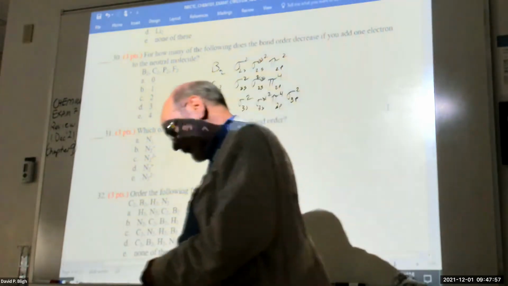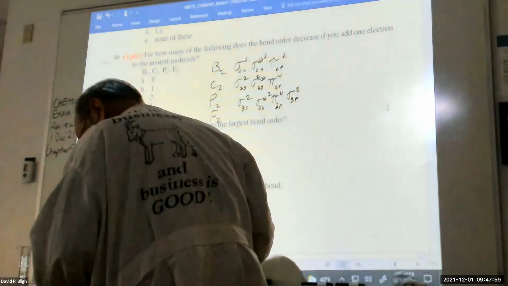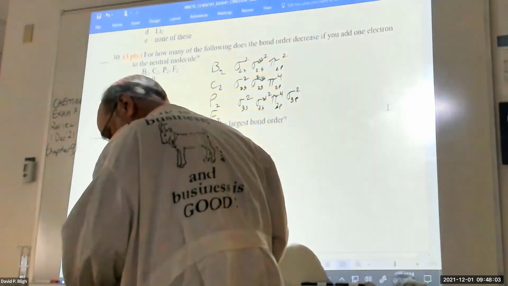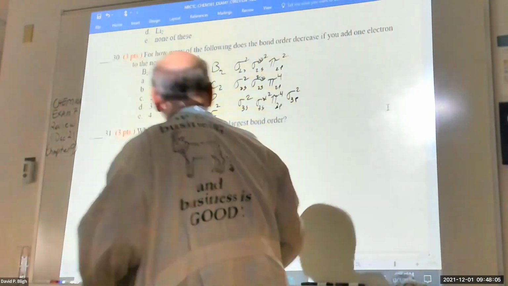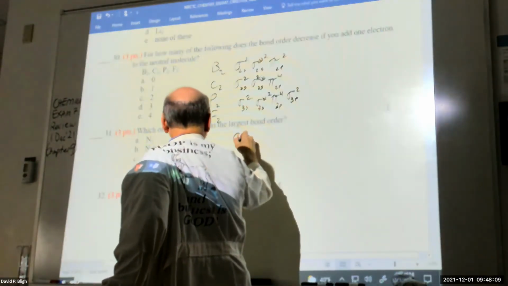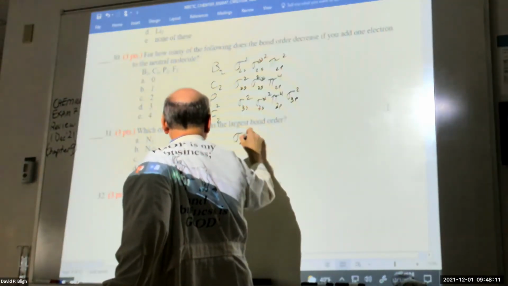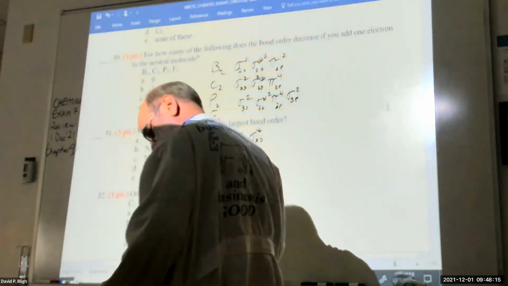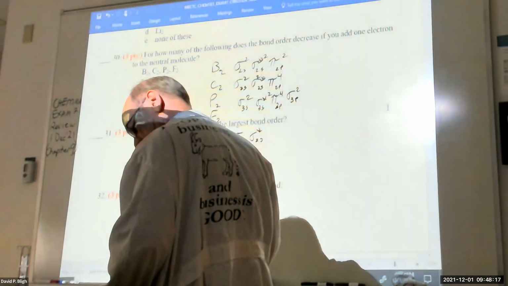And then difluorine is here. It goes all the way up to, with no mixing, is, let me move it down here. Sigma 2, yes. Sigma star 2s. Yep.